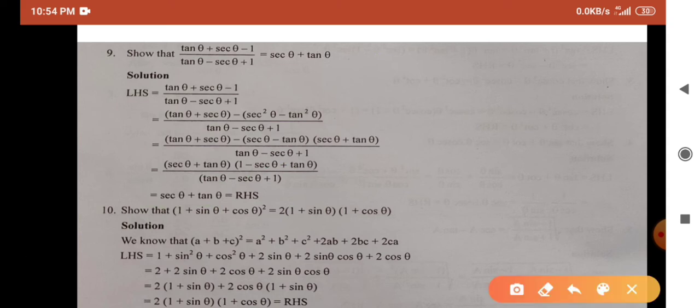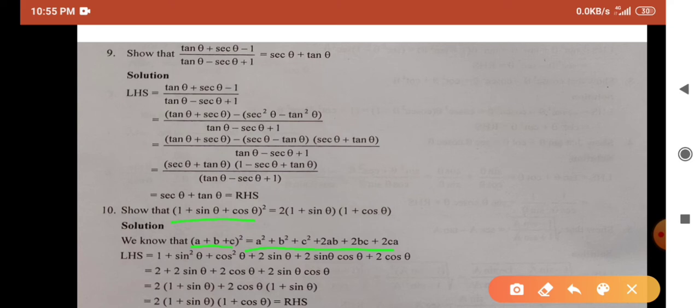Show that 1 plus sin theta plus cos theta whole square is equal to 2 times 1 plus sin theta into 1 plus cos theta. We know already a plus b plus c whole square is equal to a square plus b square plus c square plus 2ab plus 2bc plus 2ca.